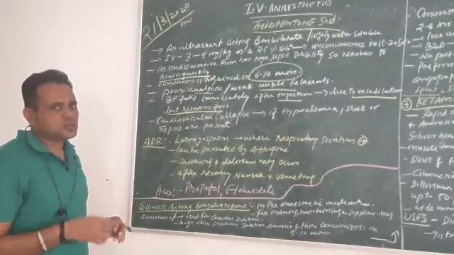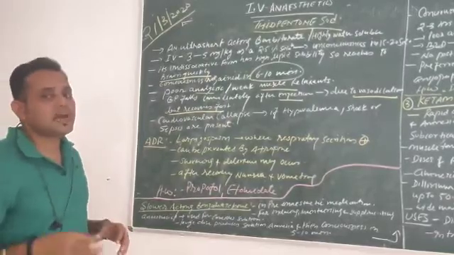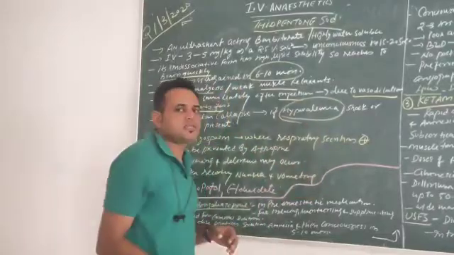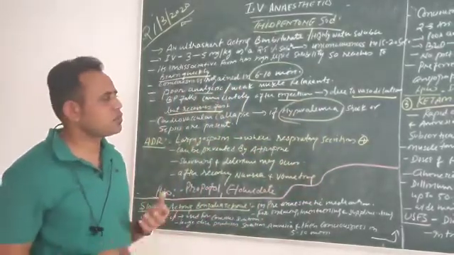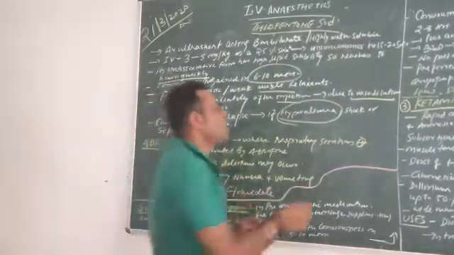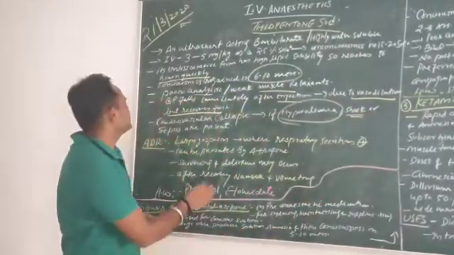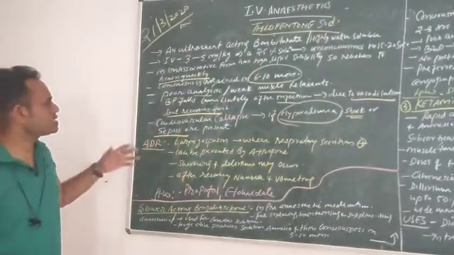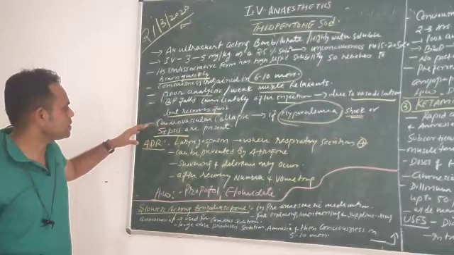Cardiovascular collapse is also one of the conditions that happens, but only in certain conditions: if the patient is hypovolemic, meaning the blood volume is less, or the patient is in shock, or the patient has sepsis. So in any case of hypovolemia, shock or sepsis, cardiovascular collapse is possible.